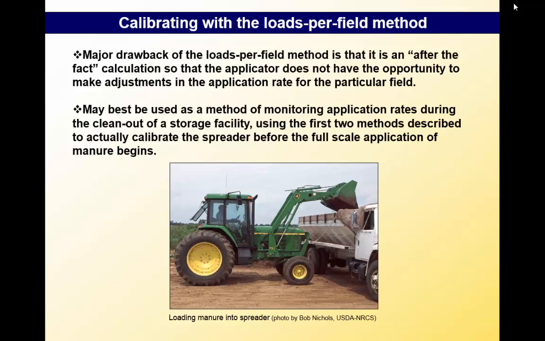So this is just about that major drawback. It's an after-the-fact calculation so that the applicator does not have the opportunity to make adjustments in the application rate to that particular field. And it may best be used as a method of monitoring application rates during a clean-out of a storage facility. But you would still use the first two methods, the tarp method or the swath and distance, to actually calibrate the spreader.